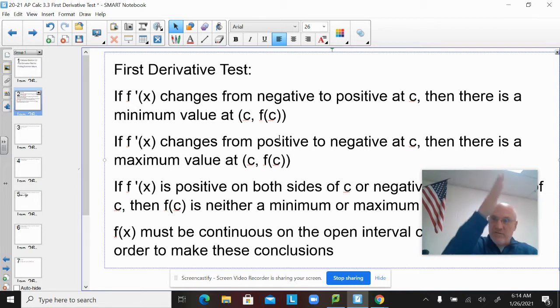And if the function changes from decreasing to increasing at a point, then there's going to be a min at that point. Second sentence here just says the opposite. If the derivative changes from positive to negative, which is the same as saying if the function changes from increasing to decreasing, then there's a maximum.